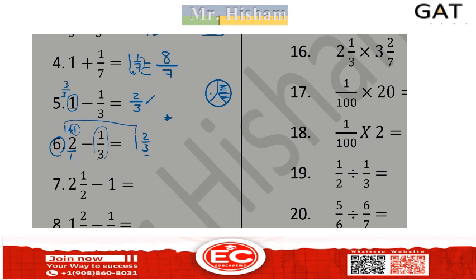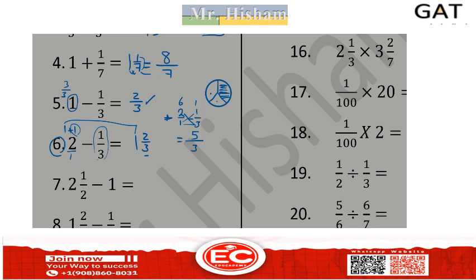Another way, you can put 2 over 1 minus 1 over 3. Then multiply 2 by 3 is 6, 1 by 1 is 1, 6 minus 1 is 5 over 3. So whatever method you use, by using the graph, by using subtraction, or by using the same denominator, it's important that you know that 2 minus a third is equal to 1 and 2 over 3.